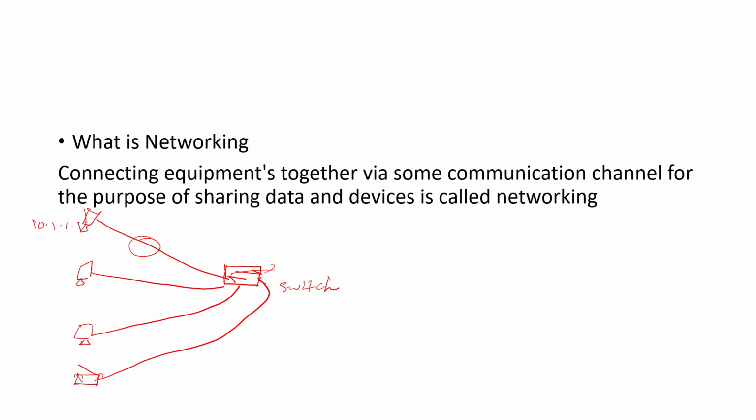We will discuss IP addresses in detail later on. Right now, just understand the basic things. So this PC would have IP address 1.2, this one would have 1.3, and the printer has an IP address of 1.4.